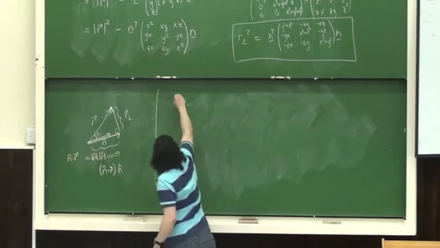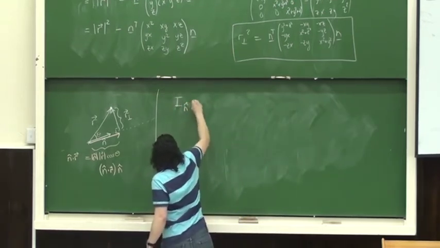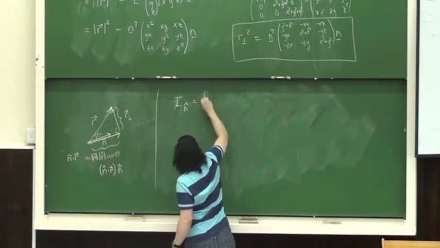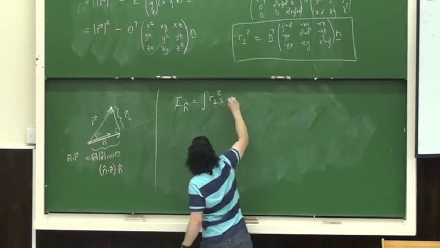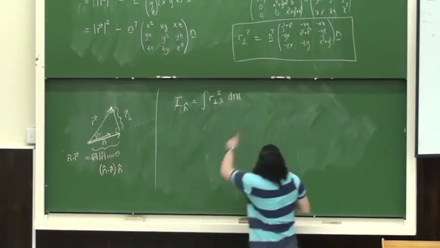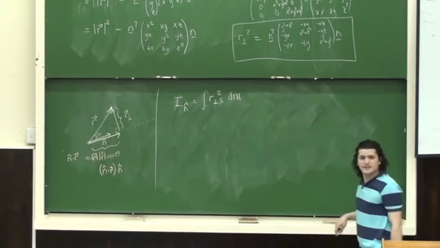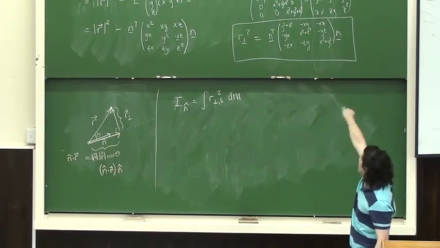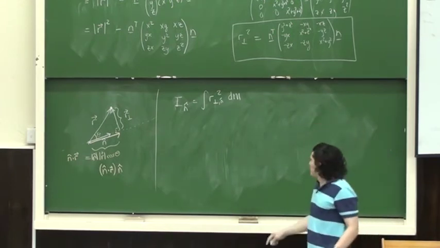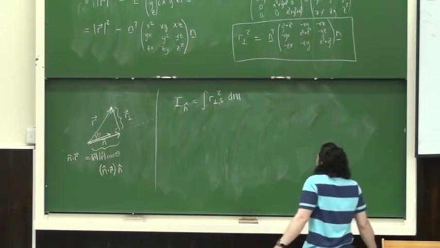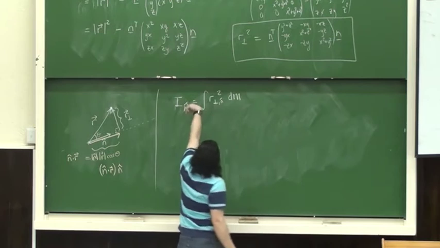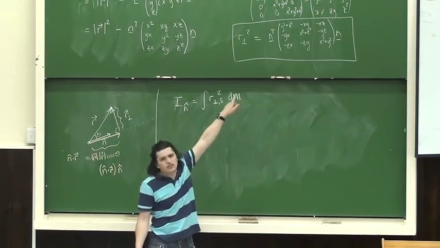Remember that I about my axis n is simply given by the integral of r perpendicular to that axis, squared, dm. Now I have an expression for r perpendicular around that axis, so I know what to integrate. But now n is not going to be something inside my integral. I can take my integral inside that matrix, right?